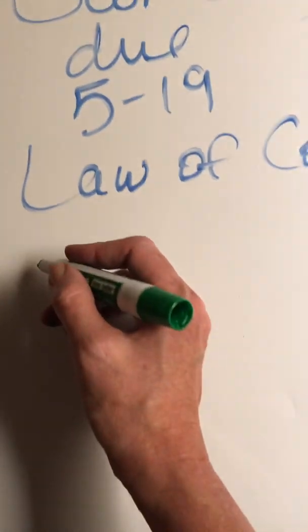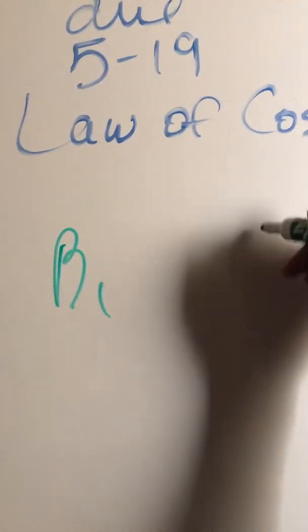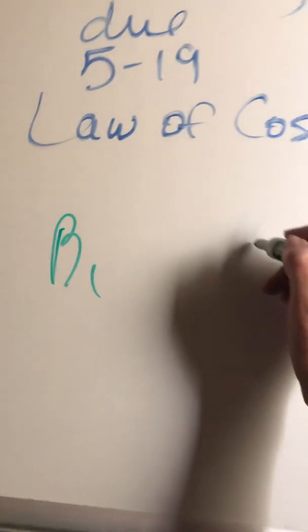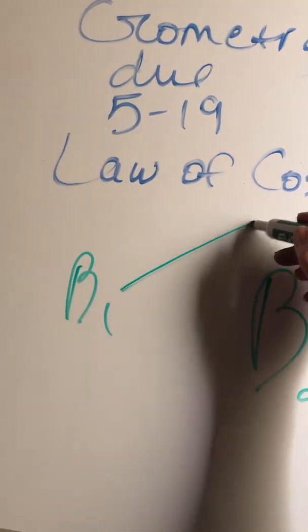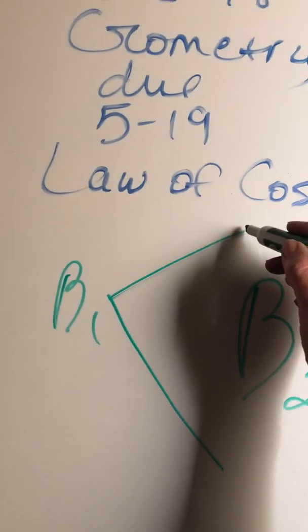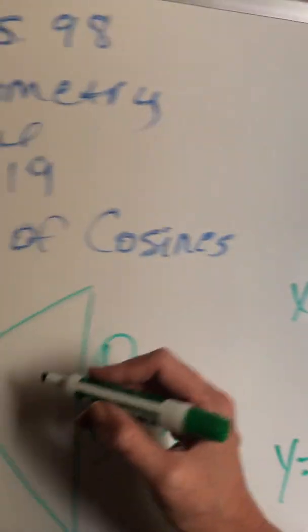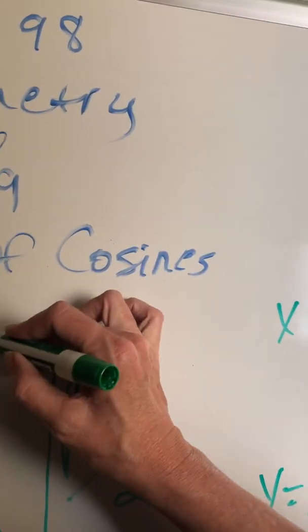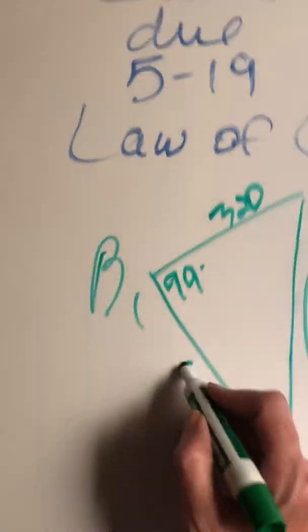You have examples where, let's see, we've got building 1 here, building 2 here. Building 2 is really big. And they've actually got a triangle drawn from building 1 to building 2, like this. You're given that this is a 99-degree angle, that this is 320 feet, and this is 580 feet.